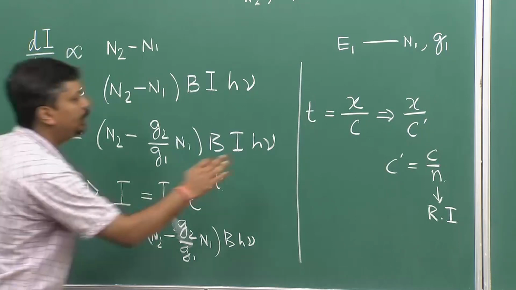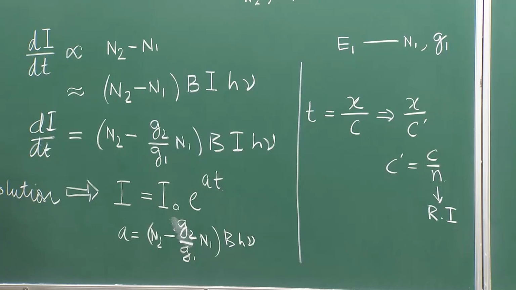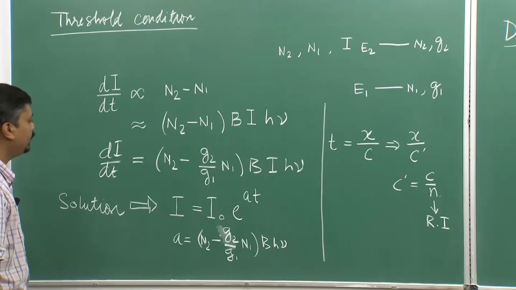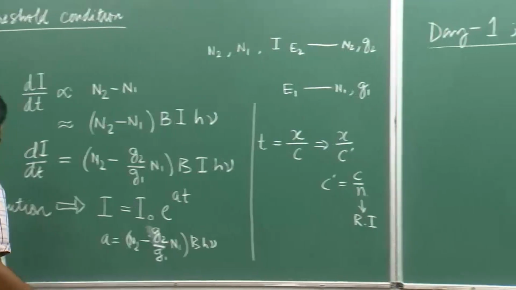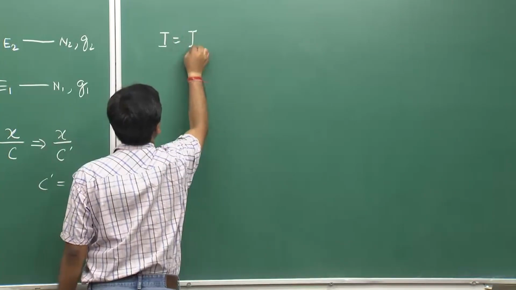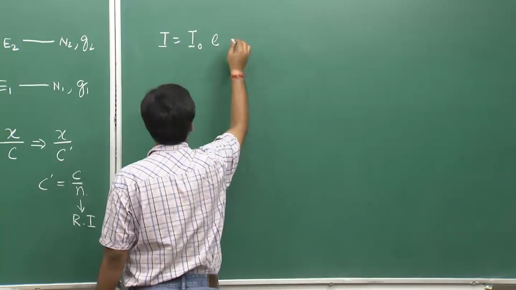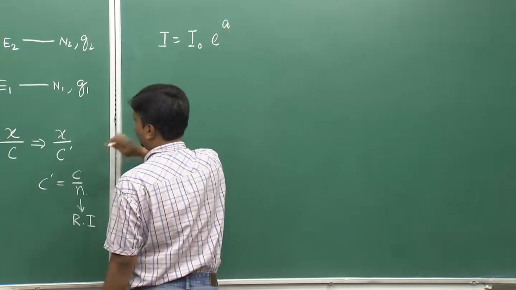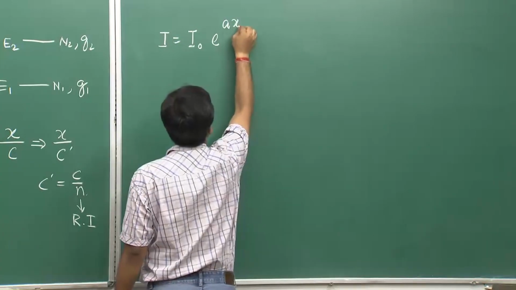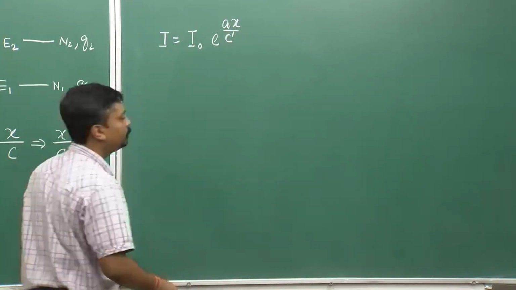Now if we express this in terms of the distance x, then how can we write that? We can write I equals I0 into e to the power a x by c prime, right.